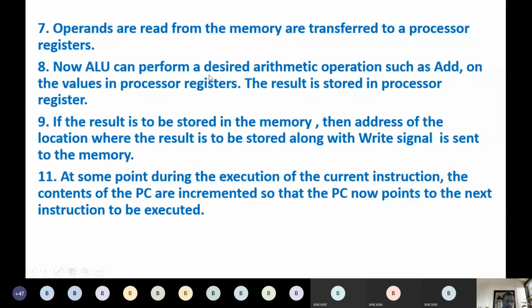So during this entire execution of 9 steps, at some point the value of PC is incremented, the next instruction is fetched and its address is stored in the program counter. During the execution of the current instruction, the contents of PC are incremented.